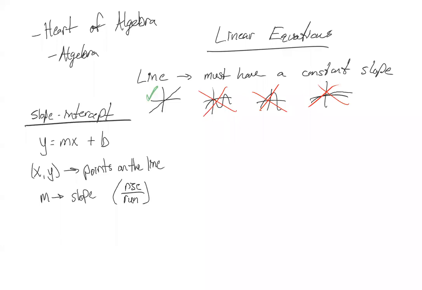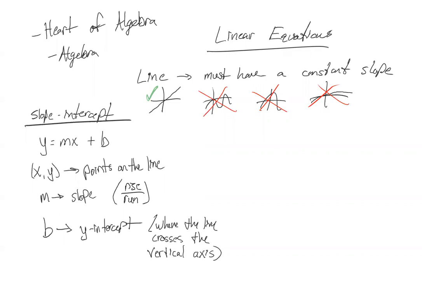So x, y are points on the line, m is the slope, and then we have b, that number out there all alone. That is the y-intercept, or where the line crosses the vertical axis, the y-axis.